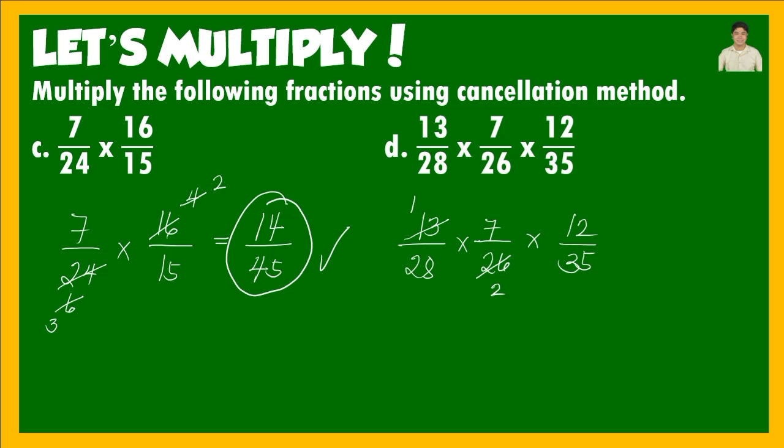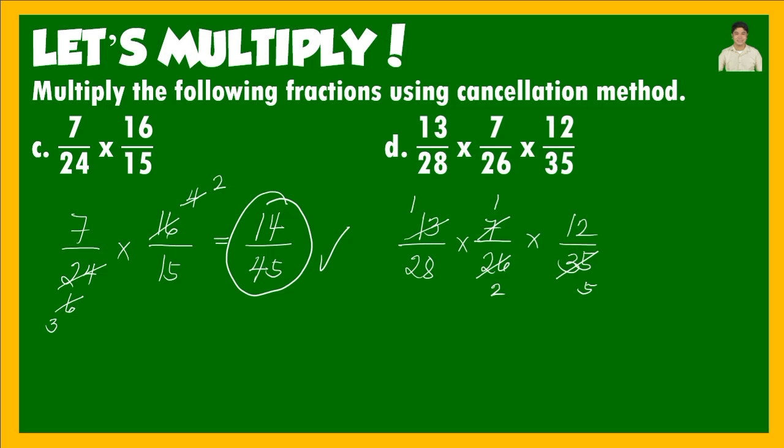Or pwede rin namang 7 tsaka 35. So, try natin kung 7 and 35. So, 7 tsaka 35, ang GCF nila is 7. So, 7 divided by 7, that is 1. 35 divided by 7, that is 5.